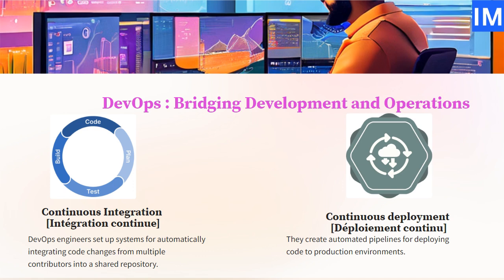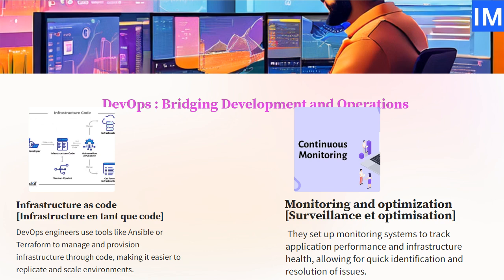This involves creating automated pipelines for deploying code to production environments. DevOps engineers also use infrastructure as code to manage and provision infrastructure, making it easier to replicate and scale environments. And they set up monitoring systems to track application performance and infrastructure health.